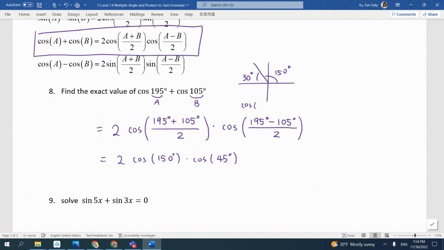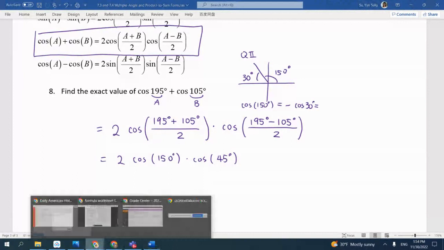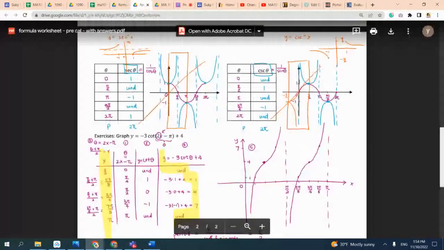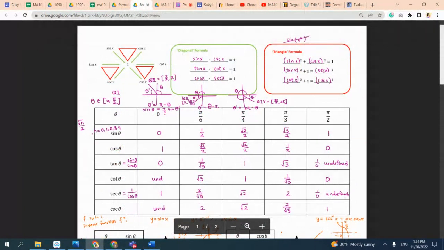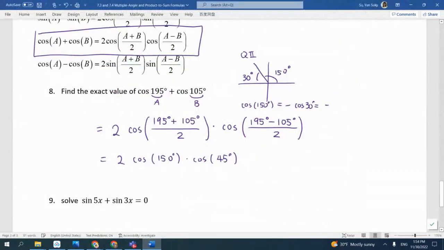So cosine 150 degrees is plus or minus? In the second quadrant, your cosine is minus. Minus cosine 30 degrees. What's cosine 30 degrees? Root 3 over 2, exactly. So negative root 3 over 2.